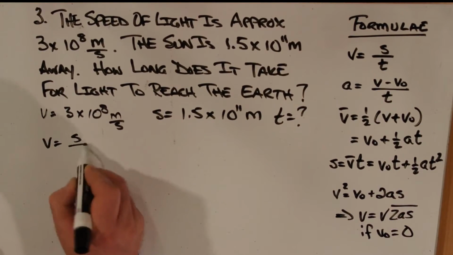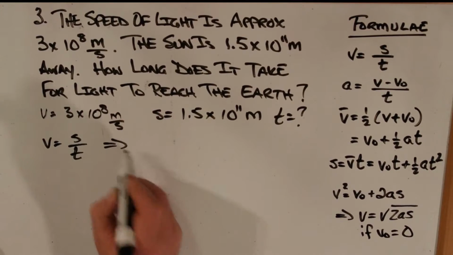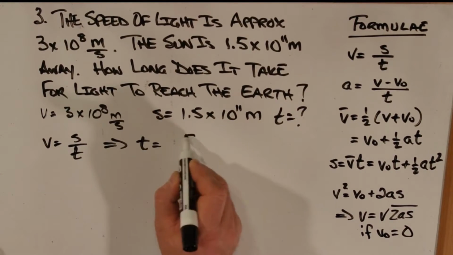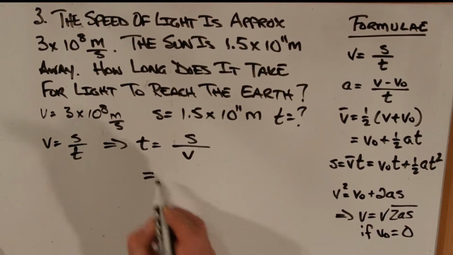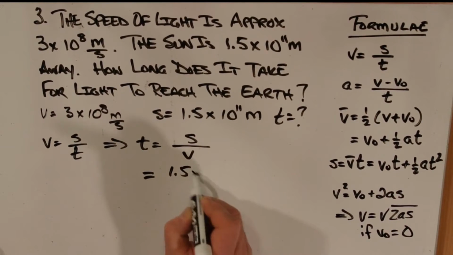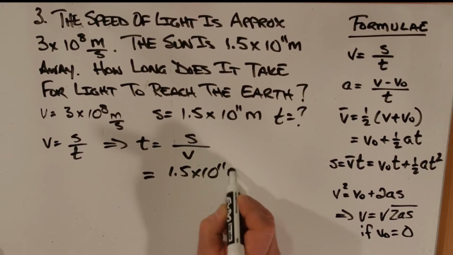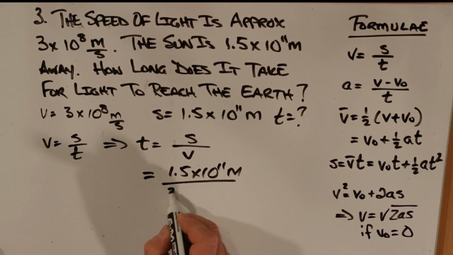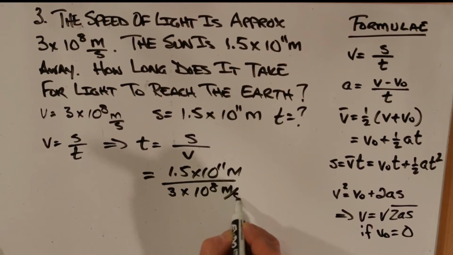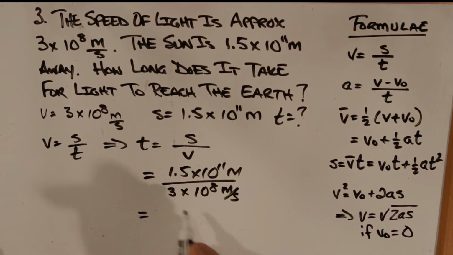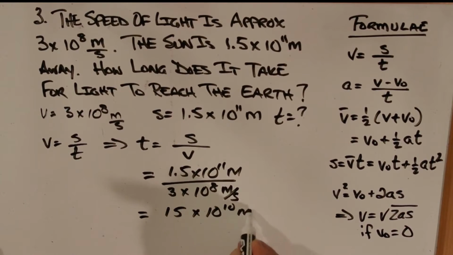V is equal to S divided by T as given. We rewrite that as T is equal to S divided by V. Here, S, we have 1.5 times 10 to the 11th meters, and V, 3 times 10 to the 8th meters per second. That is equal to 15 times 10 to the 10th meters, to make life easy on ourselves.